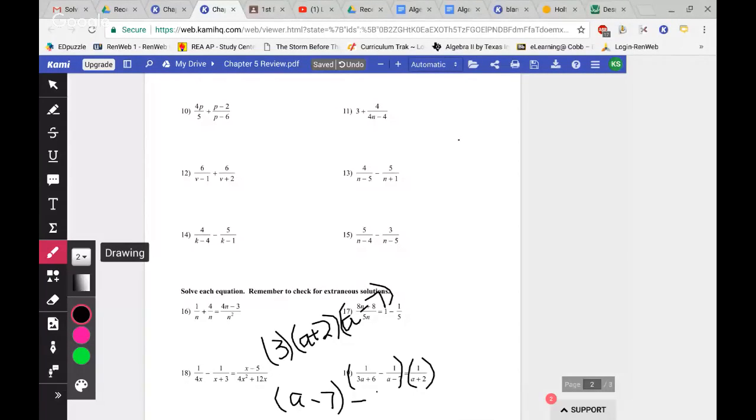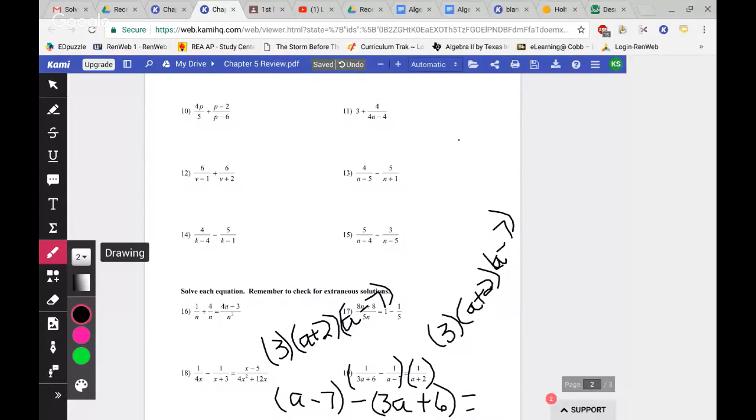And I'm going to put this in parentheses because I've got to distribute that minus. So 3a plus 6 is what's left over times 1 equals, and then a plus 2 goes into that, which I'm multiplying this side by also, just so that you know. You're multiplying both sides of the equation by that common denominator.